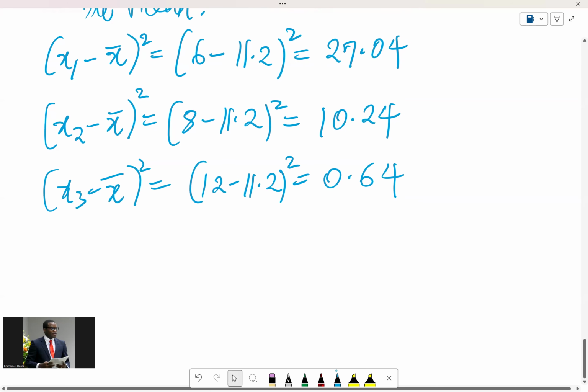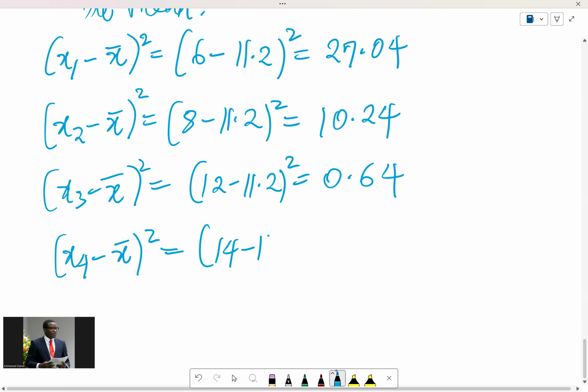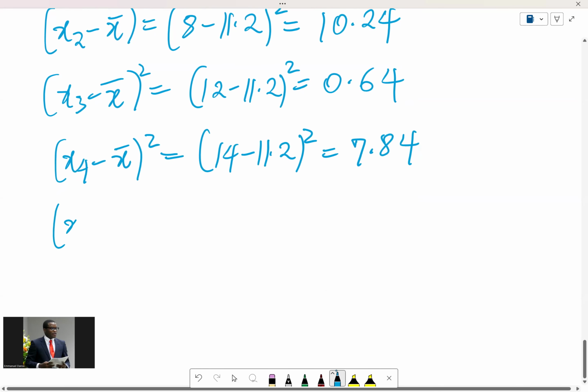Then we have 14. That's x4 minus x bar all squared, so that is 14 minus 11.2 squared. That is 7.84. Then lastly, you have x5 minus x bar squared.